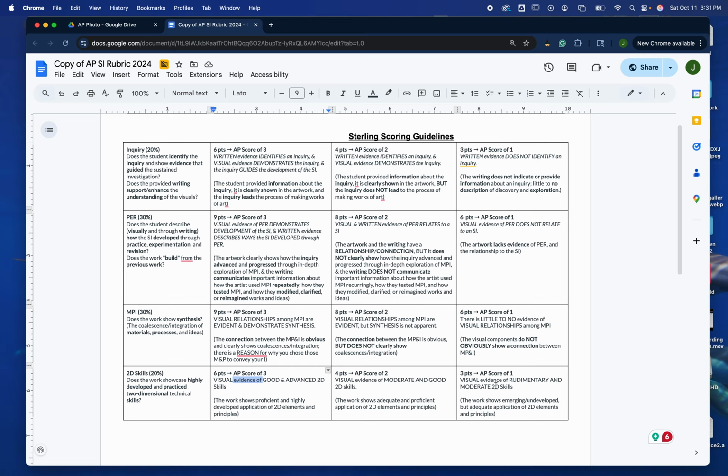I'll be applying it to your two photos each week, but there will be other times when we look at your portfolio, both in progress and finished, where we're looking at all your work together, because that really is how this rubric is designed to be used, and that's how the College Board's rubric is designed to be used on a broader portfolio.